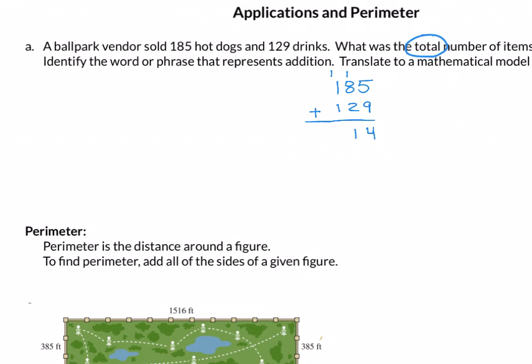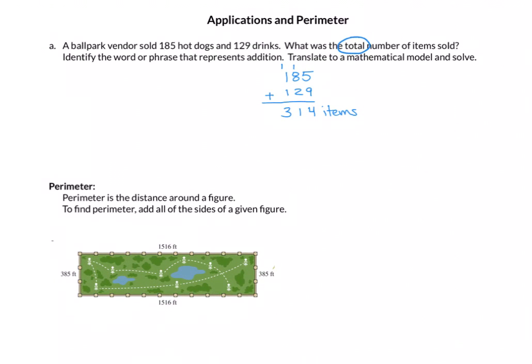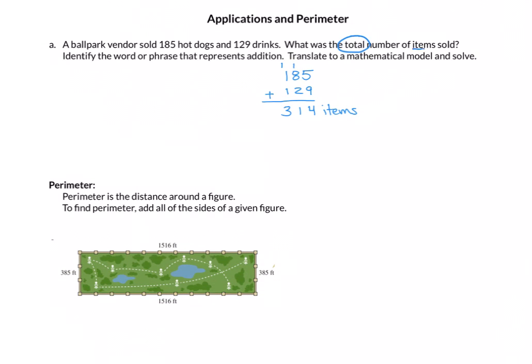And 1 plus 1 plus 1 is 3. Now, one of the things that you should get in the habit of is when working on word problems, make sure you include the correct units. Units is feet, dollars, apples, oranges. What kind of things are we talking about? And so since this said what was the total number of items sold, I'm going to put my items next to my answer.